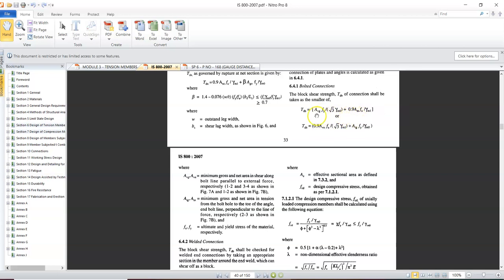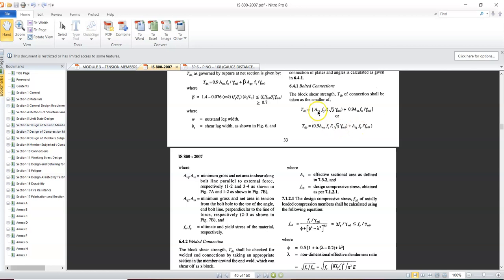So AVG is nothing but A stands for area, V stands for shear, G stands for gross. It is gross area under shear. AVN stands for net area under shear, ATN stands for net area under tension, and ATG stands for gross area under tension.